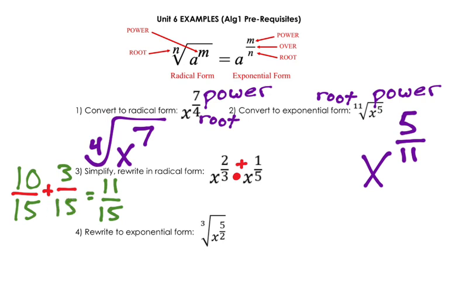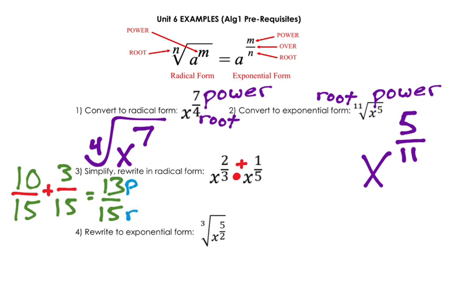There's a few more edits I have to make. 10 plus 3, that's going to give us 13. Now we're back on track. So we now have the fractions added, and we have 13/15.